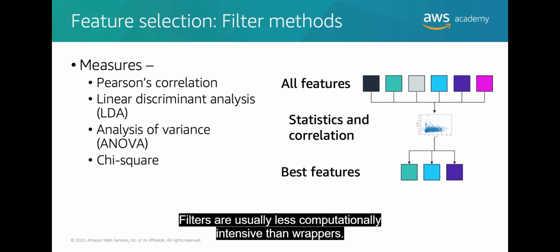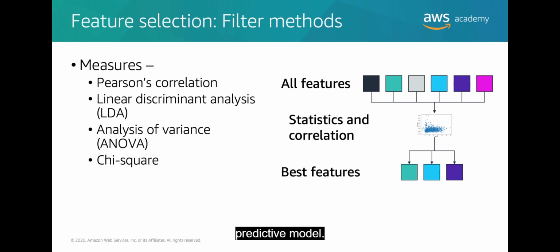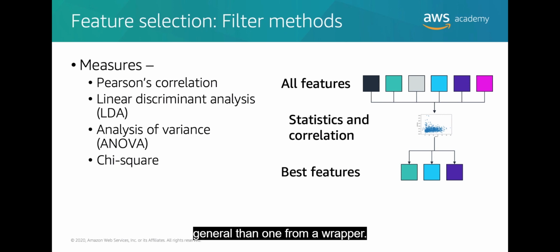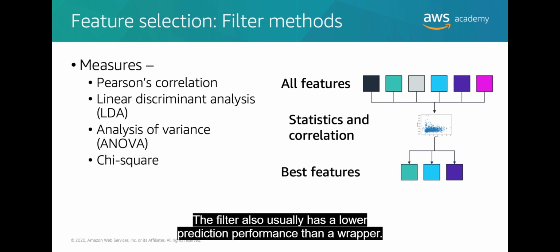Filters are usually less computationally intensive than wrappers, but they produce a feature set that isn't tuned to a specific type of predictive model. This lack of tuning means a feature set from a filter is more general than one from a wrapper. The filter also usually has a lower prediction performance than a wrapper.